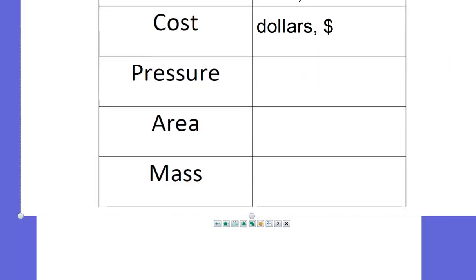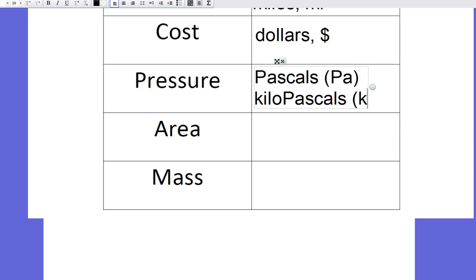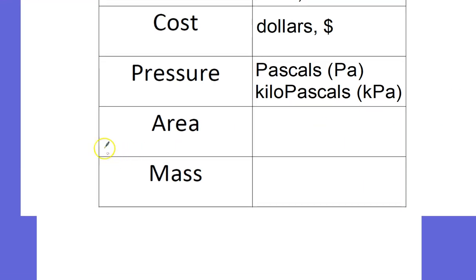Pressure is like how much air you put in the tire of your car, and it's measured in pascals. Area is a square, right? If you have a square and you want to know the area, that would be a meter times another meter.